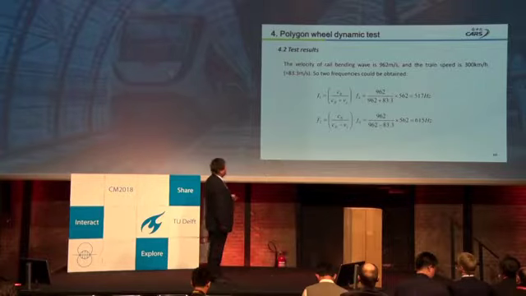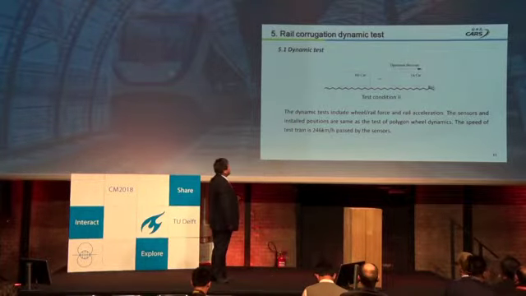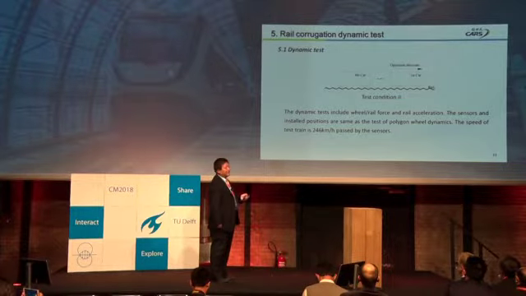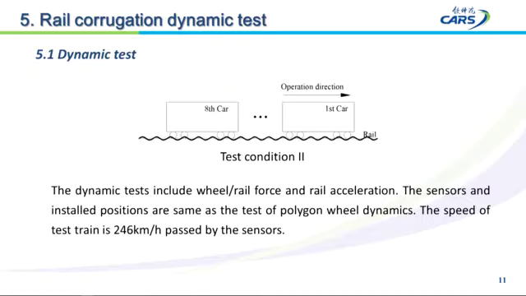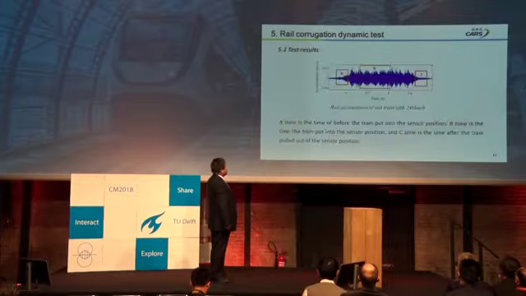The next test is the rail corrugation test. The wheels of the train are good, and only the rail surface has rail corrugation. This is test condition 2. The speed of the test train is 246 kilometers per hour as it passes the sensors. This is the rail acceleration test result.